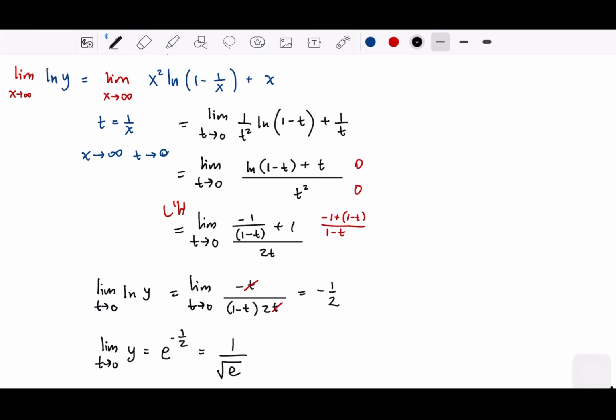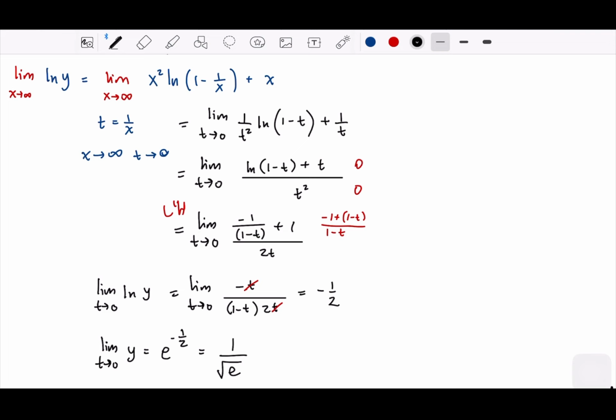Sometimes when you have equations including, for example, 1 minus 1 over x, if you see that it goes to infinity, we could try to express the limit in a different form using t equal to 1 over x. And when x is getting closer to infinity, t is getting to 0.